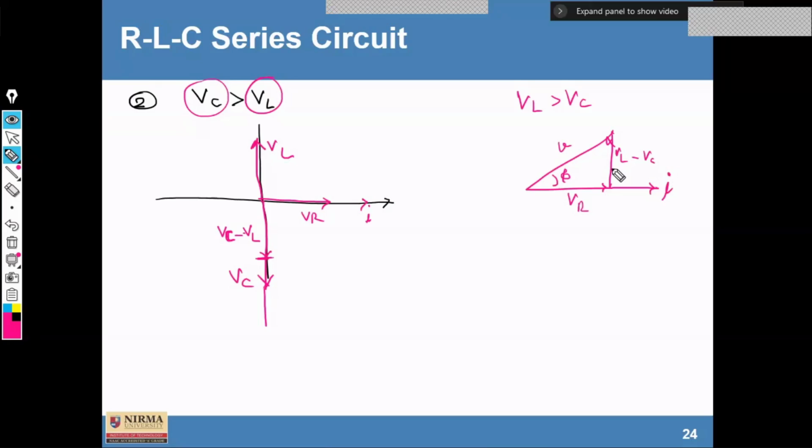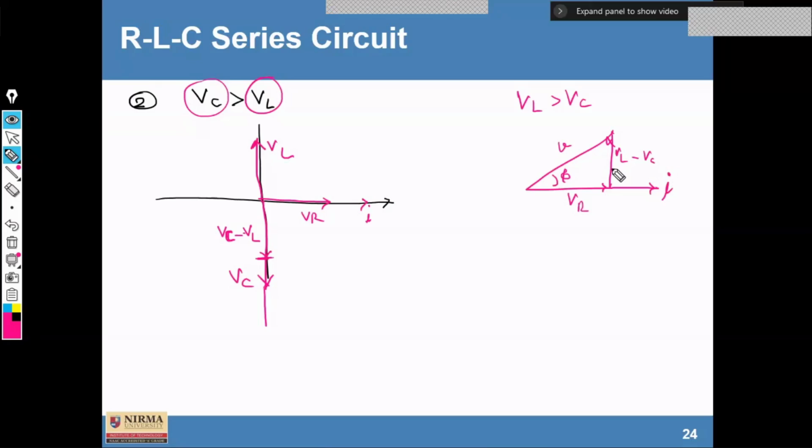Whenever we find the power factor cos phi with the equation R by Z, for example, if we receive the value 0.85, then in brackets we write lag, because the overall behavior of the circuit is inductive.